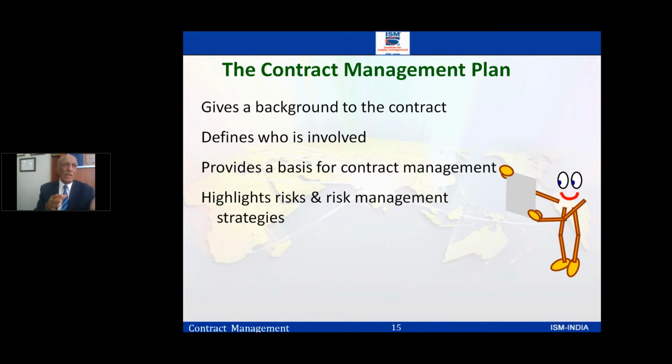Some people think contract management is nothing but the post-award stage, or post-contract stage. This used to be the definition in the past. To me, if I want to give a simple analogy, the pre-contract is like dating, the contract is like a marriage, and managing the marriage is contract management.